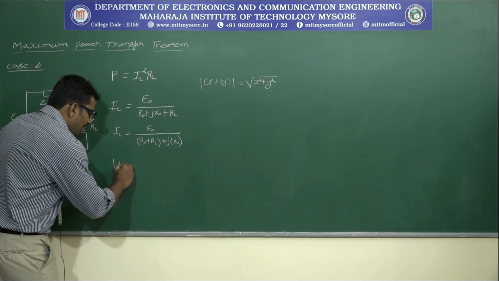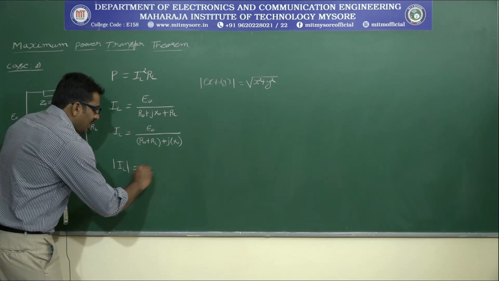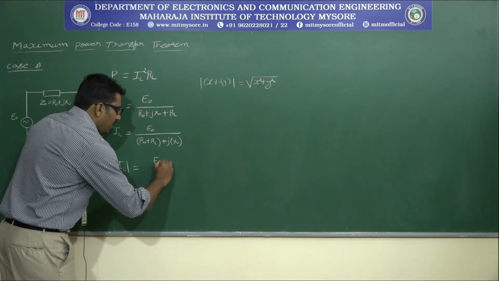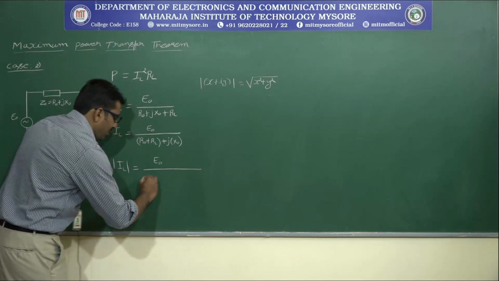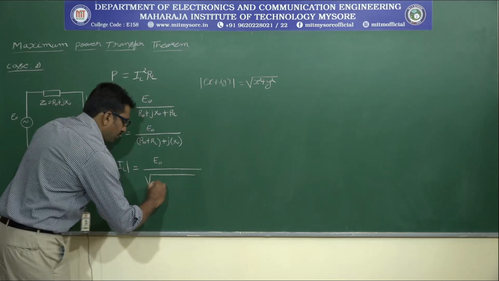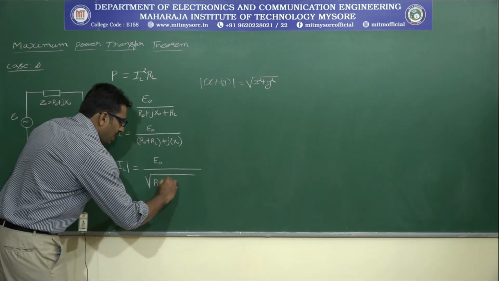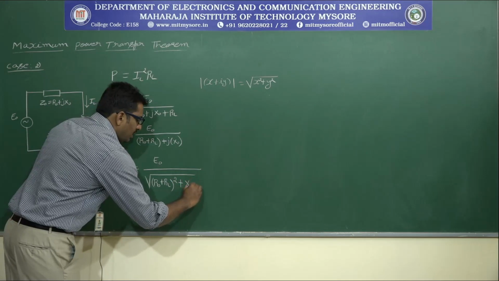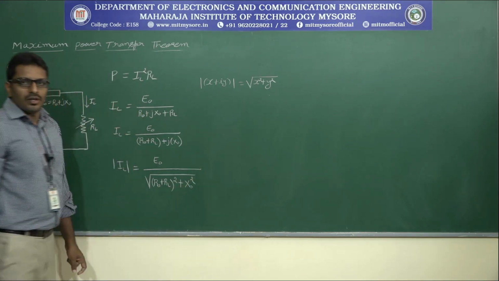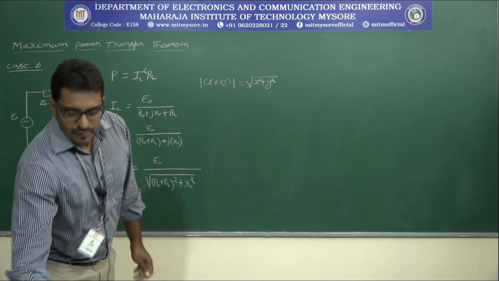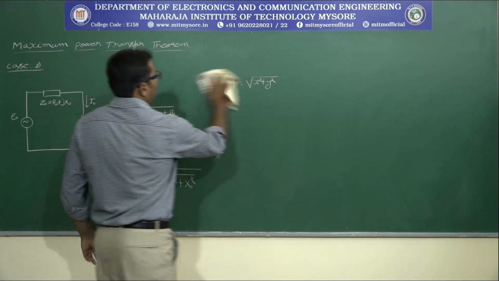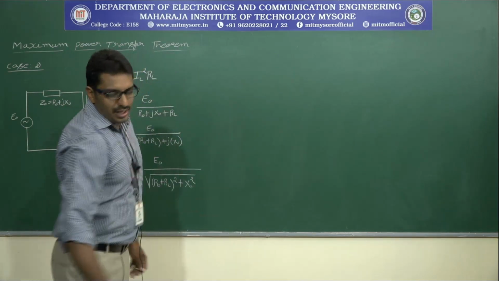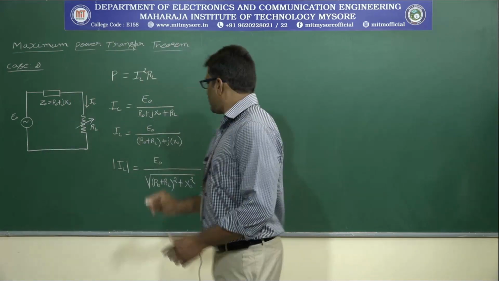Therefore, the magnitude of IL is equal to E0 divided by square root of (R0 plus RL) square plus X0 square.